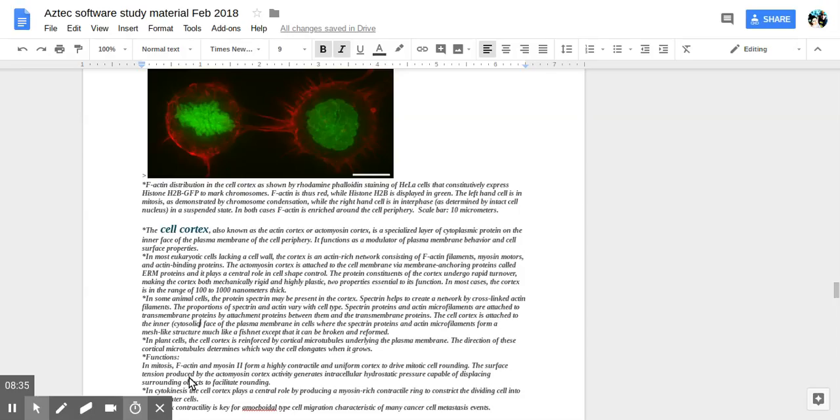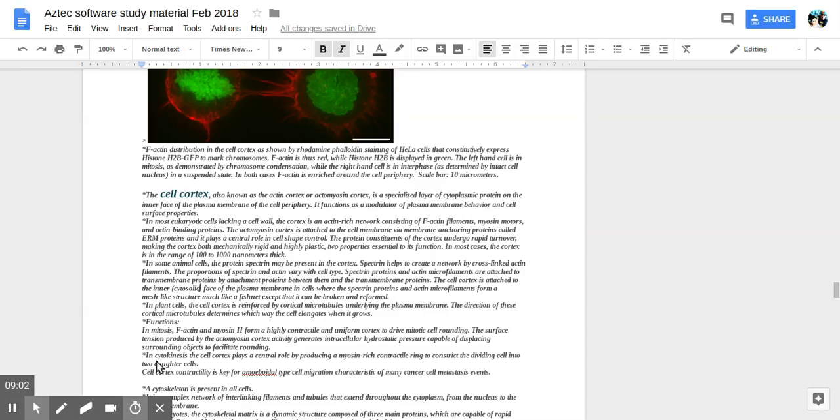The surface tensions produced by the actomyosin cortex activity generate intracellular hydrostatic pressure capable of displacing surrounding objects to facilitate rounding.